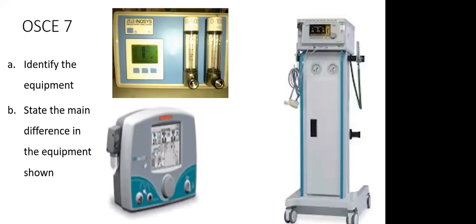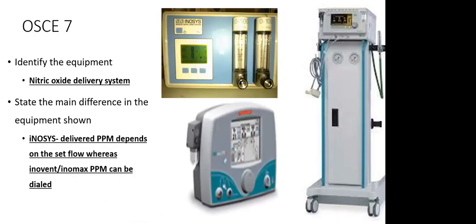Identify the equipment. State the main difference in the equipments shown. So that means this and those two equipments. The equipment shown is the nitric oxide delivery system.